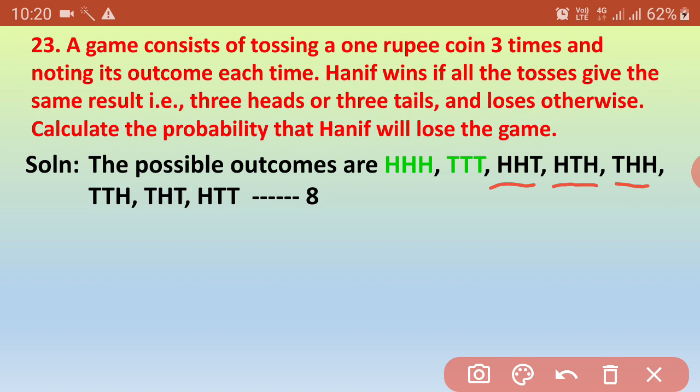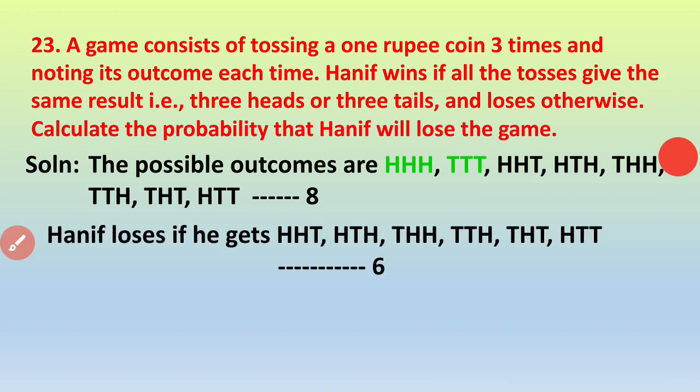In all the 3 cases, H is there twice, but the location of H changes. So these are 3 different outcomes. Here also for 2 times T we have different outcomes. So in all, the outcomes are 8 in number.